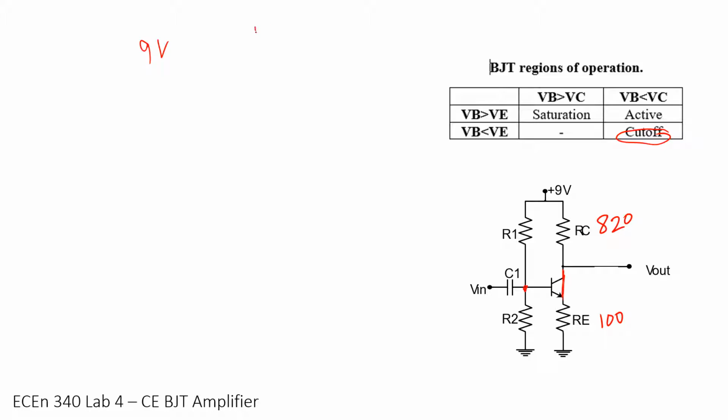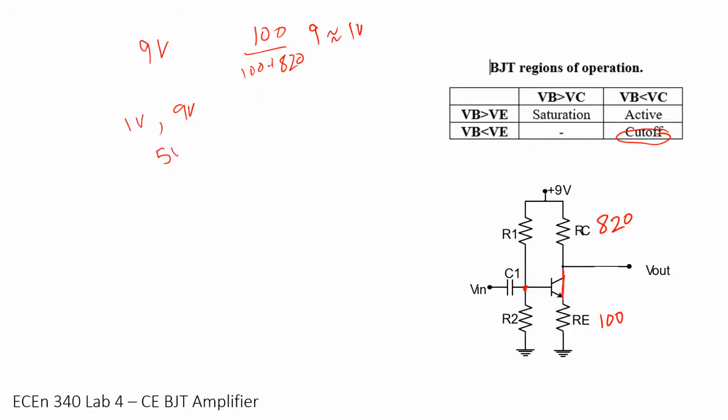So we would have 100 over 100 plus 820 times 9, which is about 1 volt. Now, remember, if you're designing for a gain of 5, you're going to have a different ratio and you'll have a different lower rail. So my rails are going to be about 1 volt to about 9 volts.